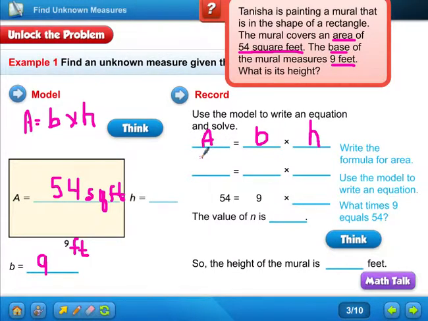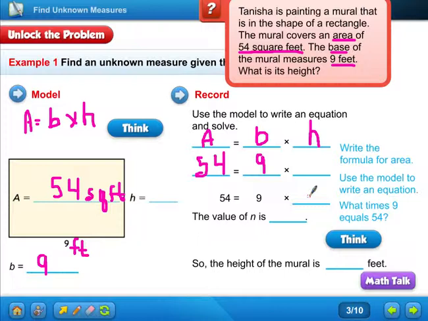Area, what was the area? 54. What is the base? The base is 9. So we need the height. So 54 equals 9 times what? 9 times what is 54?